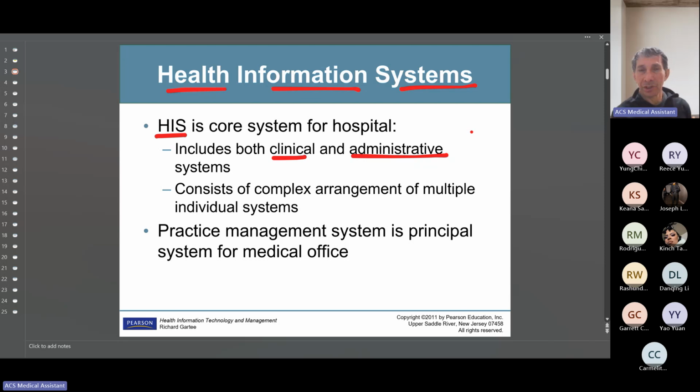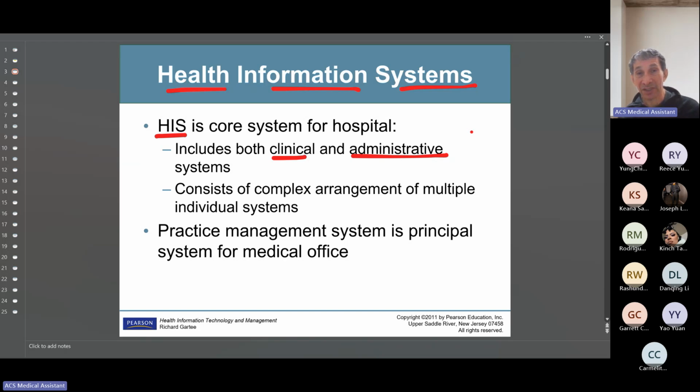You're going to draw blood, do EKGs, assist the doctor with some procedures, if they do any. We're going to do vital signs, phlebotomy, and collect biofluids. That is the clinical part. So remember, any medical setting is divided in two, front and back.